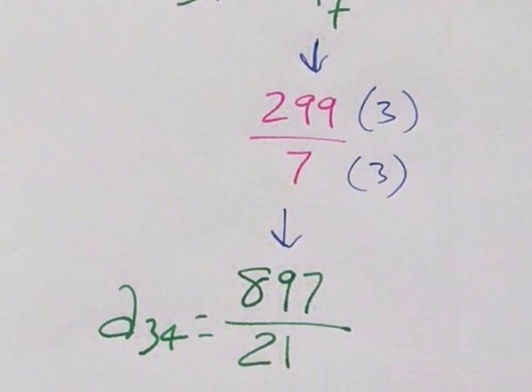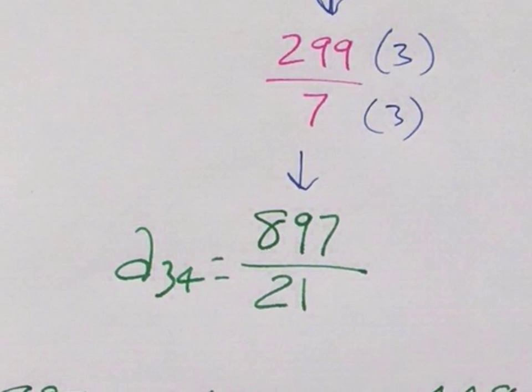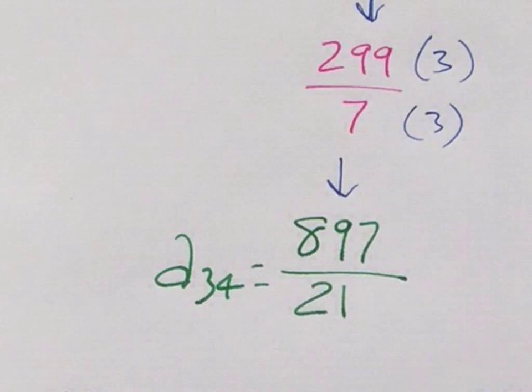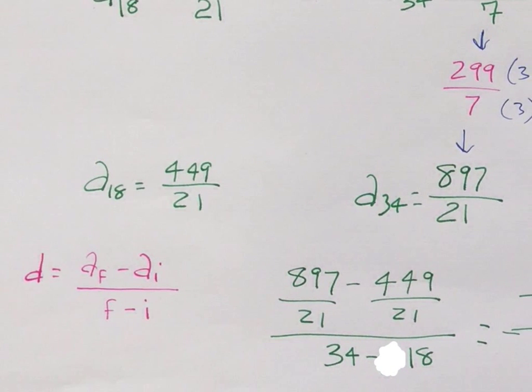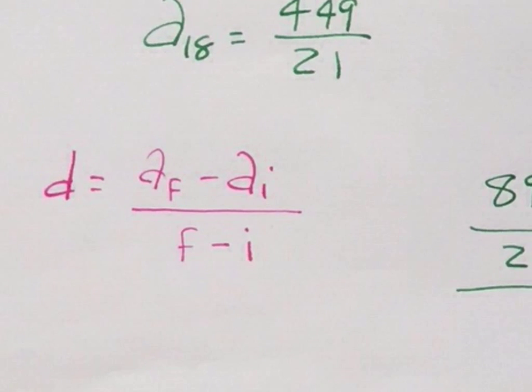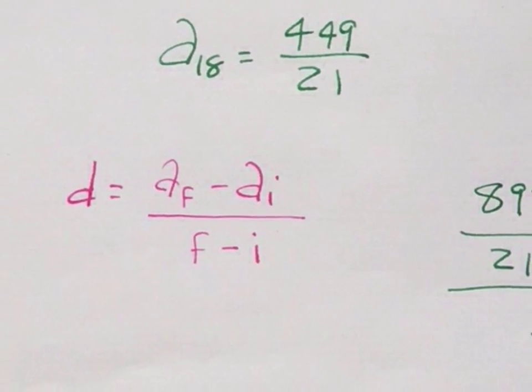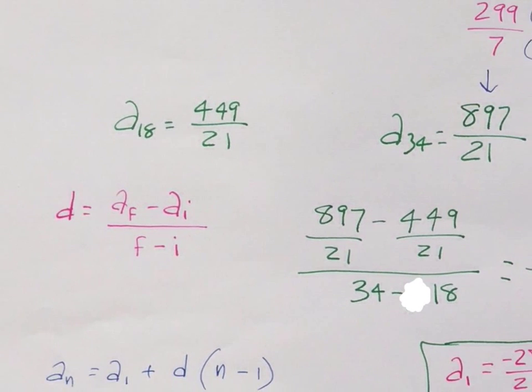When we do, 299 times 3 is going to give us 897, and 7 times 3 is going to give us 21. Easy, right? Easy breezy. So now we've got two values that have identical denominators, and we're ready to find that difference using this formula, a sub f minus a sub i over f minus i.